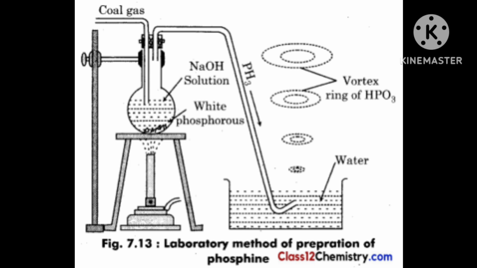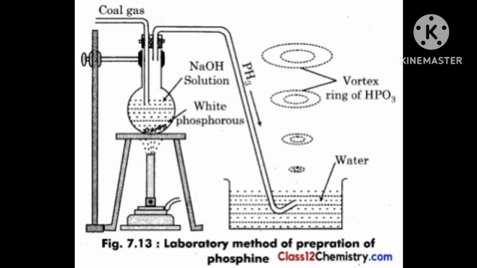I told you it is slightly soluble in water. The solution of PH3 in water decomposes in presence of light, giving red phosphorus and hydrogen gas. This is an important reaction.